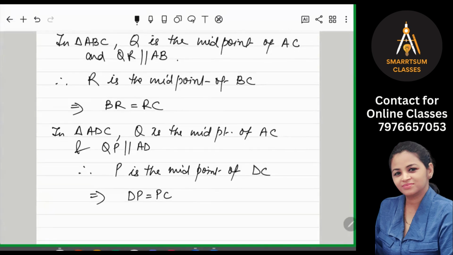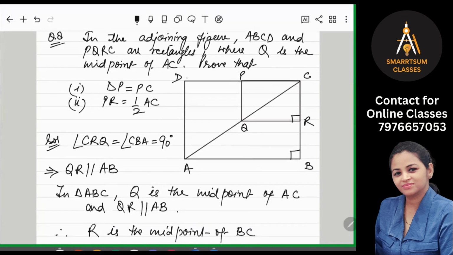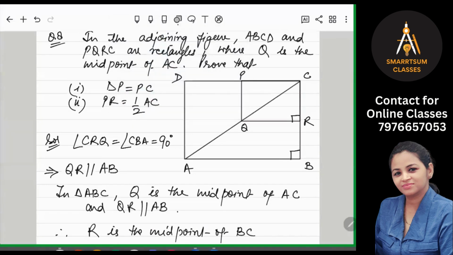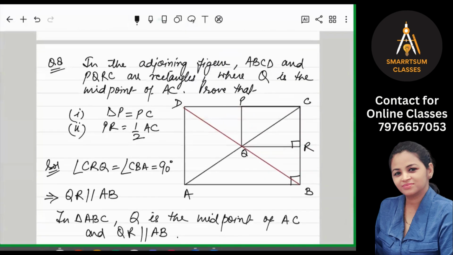Okay. Now, look at triangle CDB. You can draw a line here, joining D and B. So we have joined D and B. Now, in CDB, we have already proved that P is the midpoint of the line segment DC, and R is the midpoint of BC.